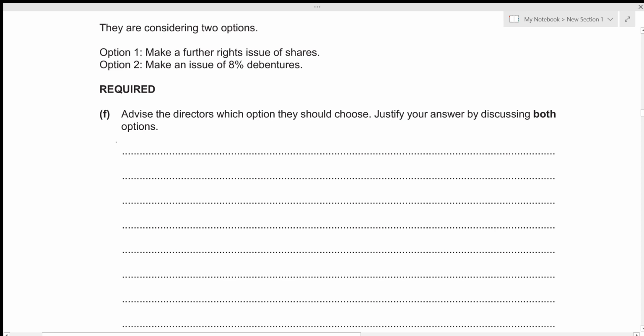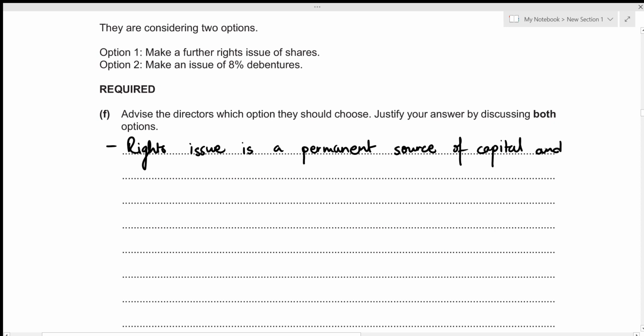So we know that rights issue is a permanent source of capital, and this does not have to be repaid in the future. Let's write it down. Rights issue is a permanent source of capital and it does not have to be repaid.